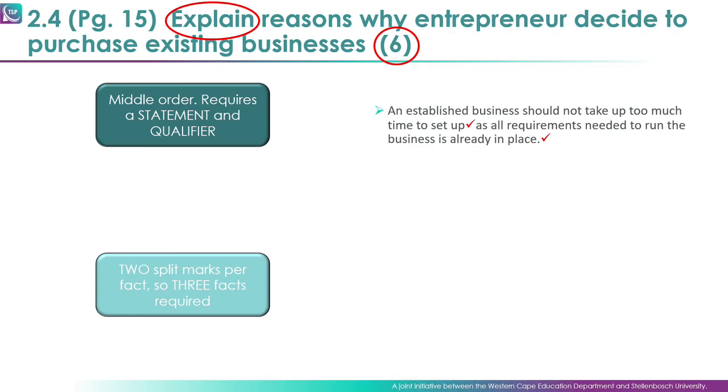An established business should not take up too much time to set up. Cool, that's your statement, right? In order to qualify that, you say how or why, okay? As all requirements needed to run the business is already in place. So that is the answering of the question why. Okay, and that's qualifying your statement that you made at the beginning of that sentence.